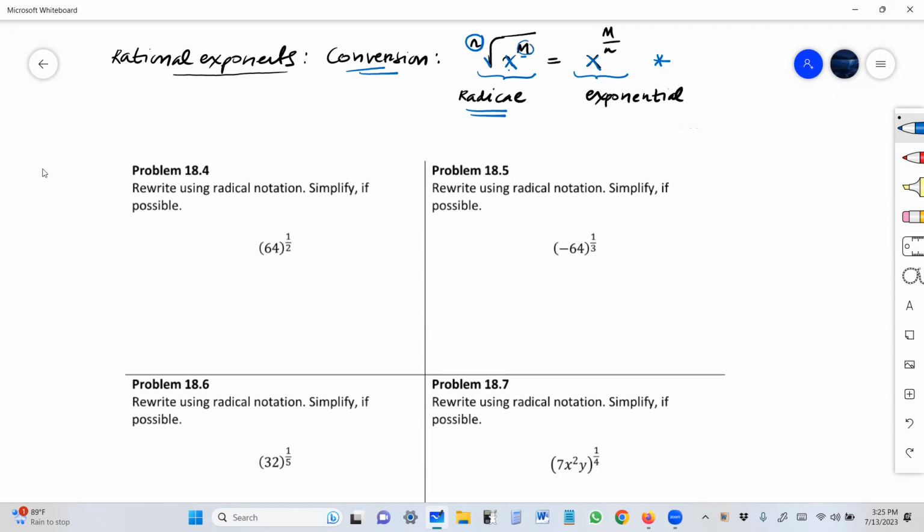The exponent to x becomes the numerator, and the index to the radical is the denominator. So for example, let me just do something here on the side so that you can see. If I have something like this, the conversion would be x to the 4/3.